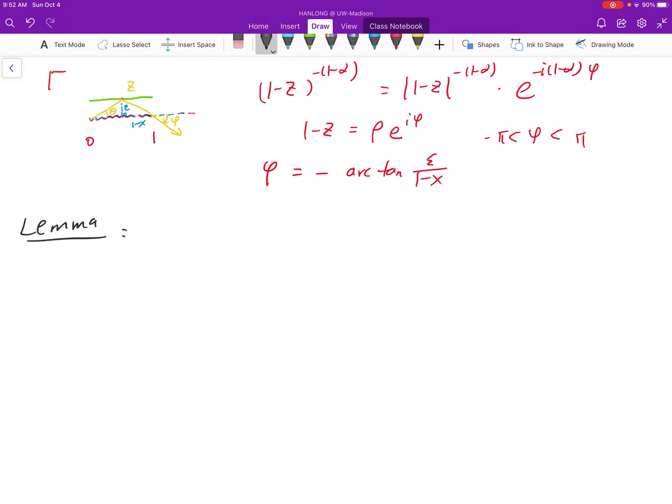Note that J2 is a function dependent on epsilon. So the limit as epsilon goes to 0 plus of J2 is negative i, where I is the original real integral. Okay, now let's prove this.